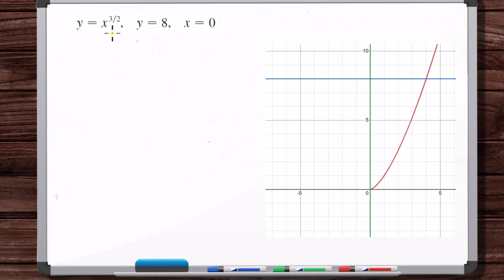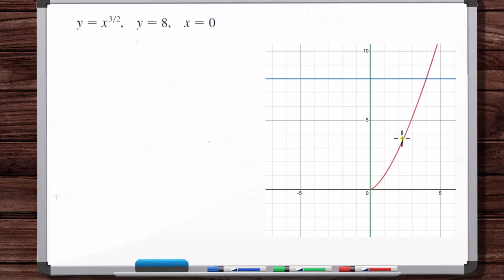Okay, we want to rotate the area contained within these 3 curves about the x-axis. So let's see. Here's x is equal to 0. Here's y is equal to 8. And here's x to the 3/2. So if we draw a rectangle, there we go.